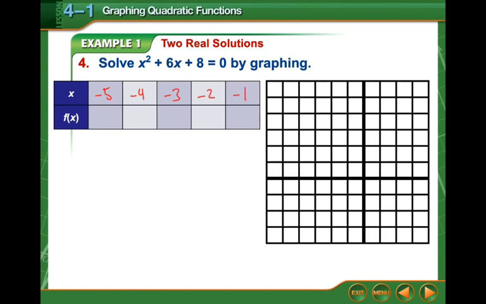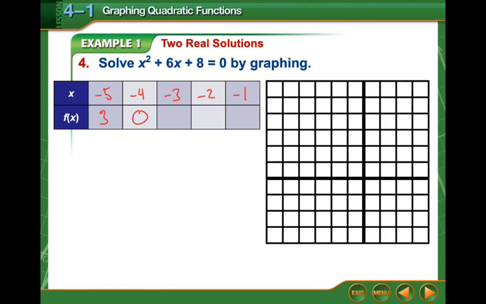So when we plug those in, -5 squared is 25. -5 times 6 is -30. So that's going to leave us with -5. And -5 plus 8 is 3. -4 squared is 16. 6 times -4 is -24. The 16 and -24 is going to leave us with -8. -8 plus 8 is 0.